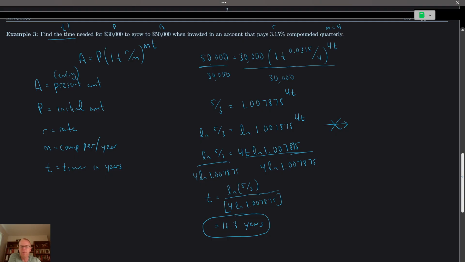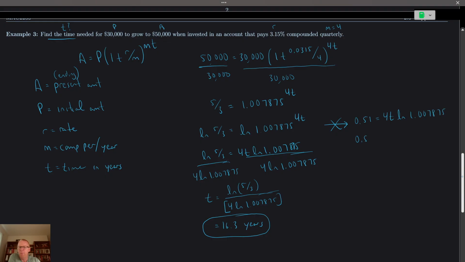So let's put ln of 5/3 into the calculator. And we get 0.5108256238. So it's an irrational number. Let's round that off at 0.51. Bad idea, but let's do that. Equals, now let's bring the exponent down, 4t ln of 1.007875.